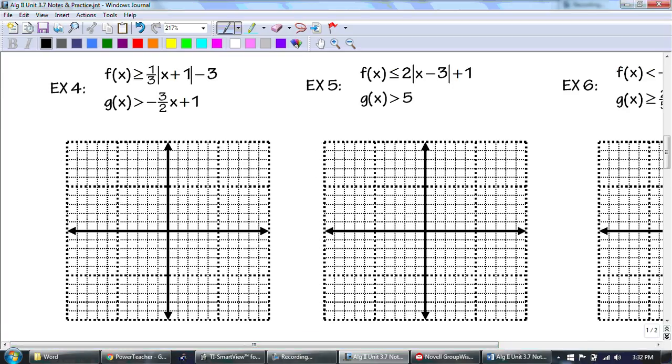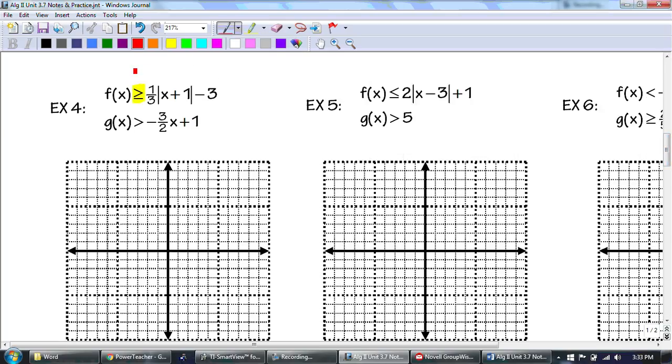All right, number 4. Look at that inequality symbol. That inequality symbol is telling me that it's closed and above. The 1/3 means I'm going up 1 over 3, and then I take the opposite of 1, which is -1, and the -3 stays the same.